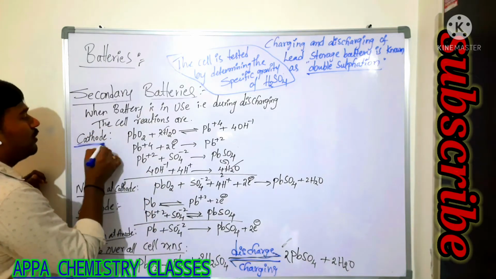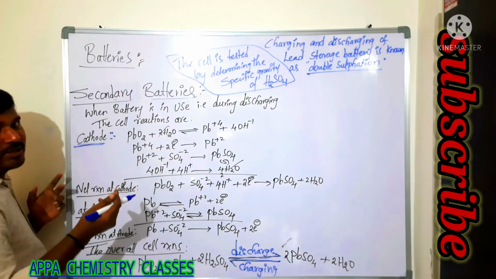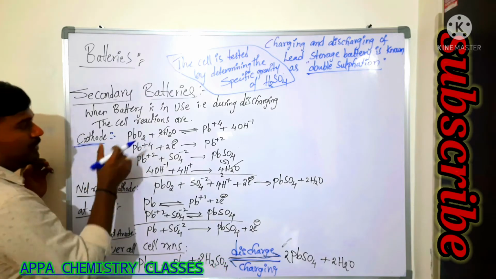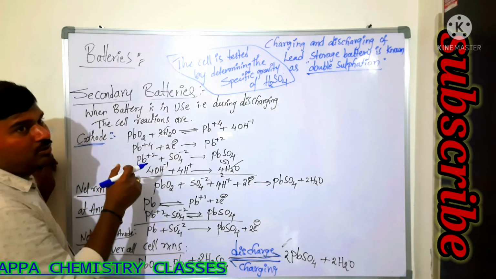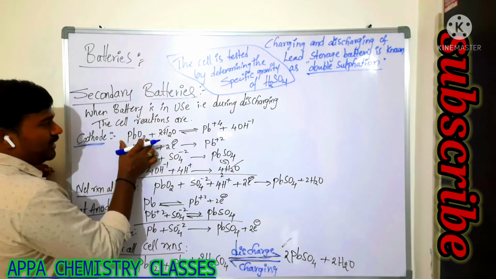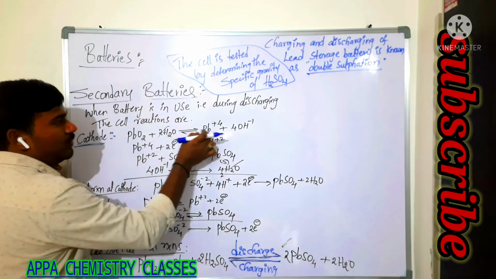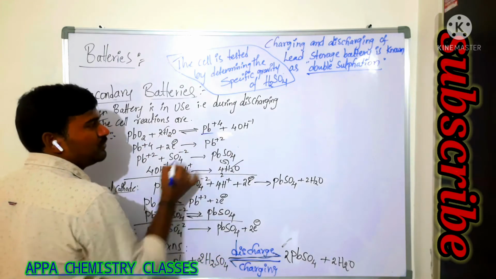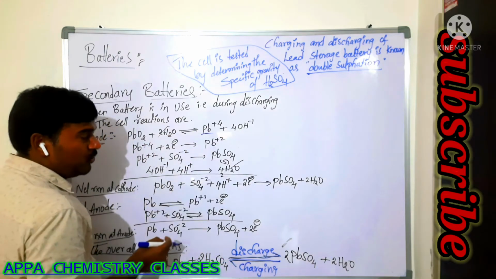Now the cathode. We had taken a grid of lead with plumbic oxide as the cathode, and sponge lead as the anode. That lead oxide will undergo hydrolysis, and we get Pb4+ and OH minus ions.